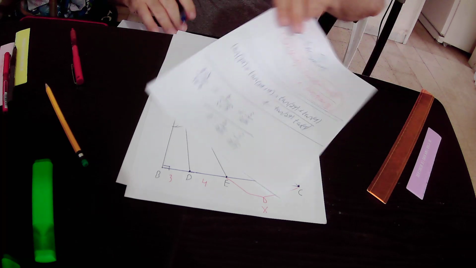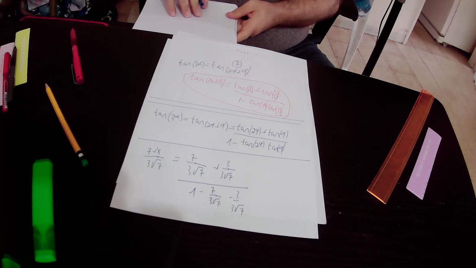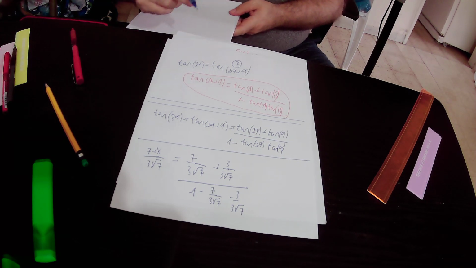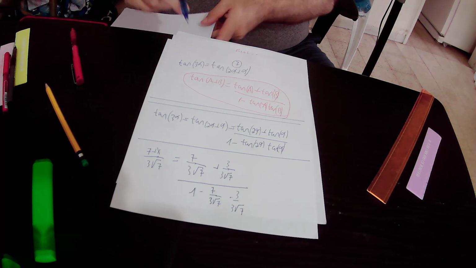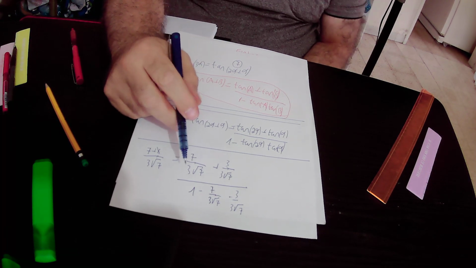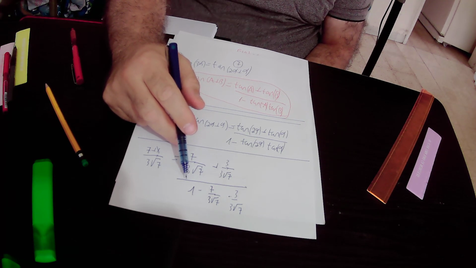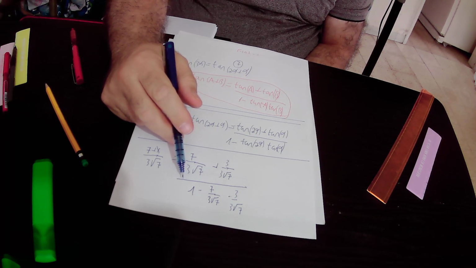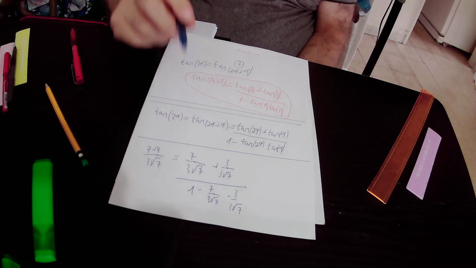Okay, so we got this equality. Here we will substitute 1 by 3 times root 7 times 3 times root 7 over 3 times root 7 times 3 times root 7, in order to have a common factor with this expression.